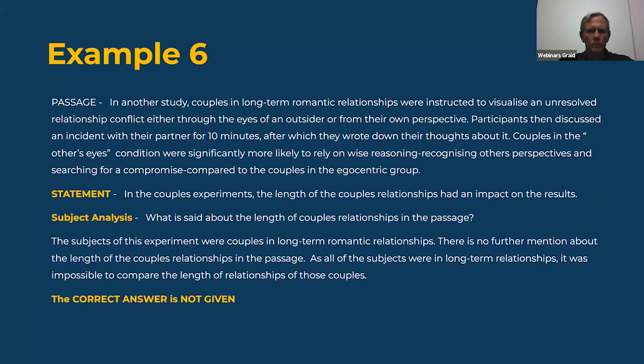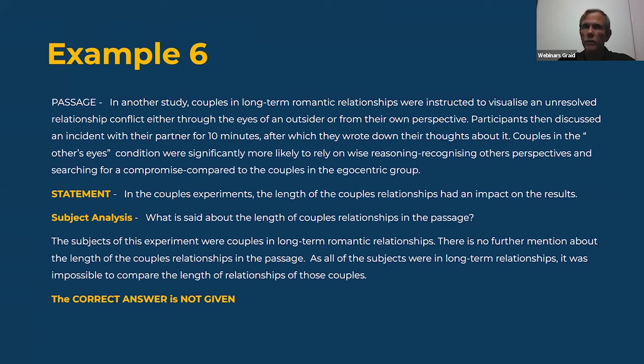All right. Now, let's look at another example, slightly different. In another study, couples in long-term romantic relationships were instructed to visualize an unresolved relationship conflict, either through the eyes of an outsider or from their own perspective.